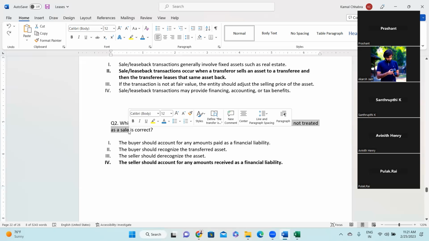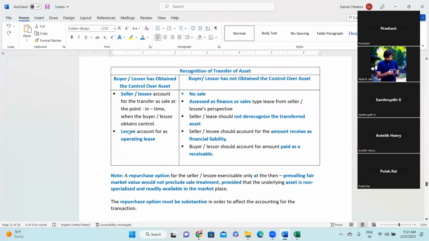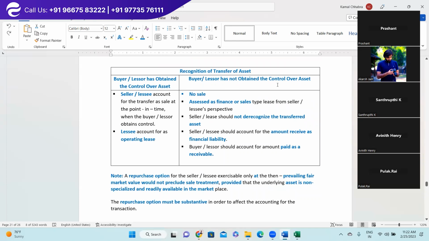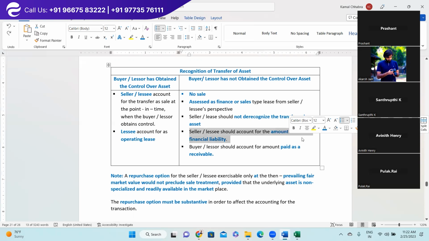So when transfer is not treated as sale, the buyer and lessor has not obtained the control, right? So it is not a sale, but assess whether it's finance or sales type, and then de-recognize. The main thing is the seller and lessee should account for the amount received as a finance liability, and the buyer or lessor should account for the amount paid as a receivable.